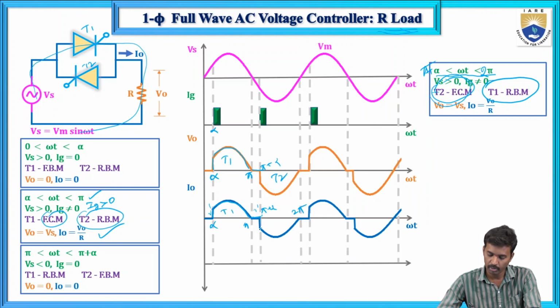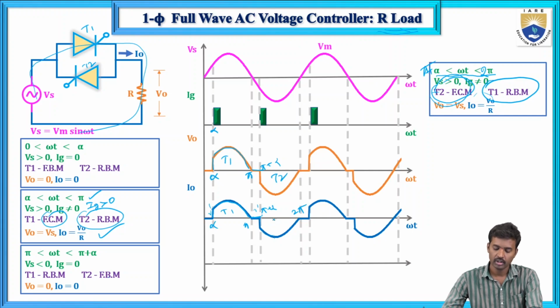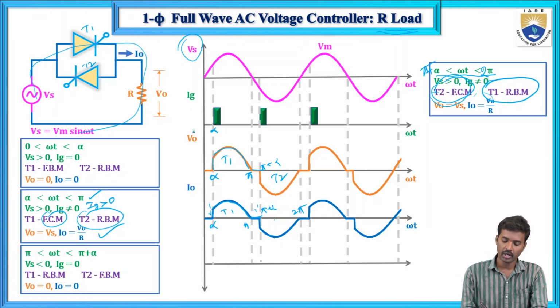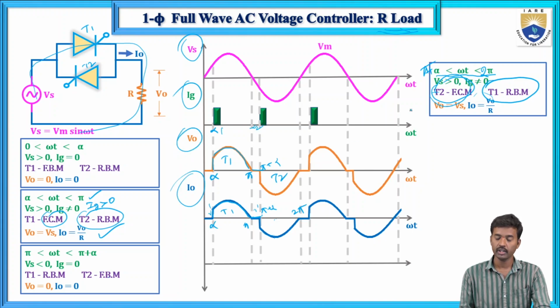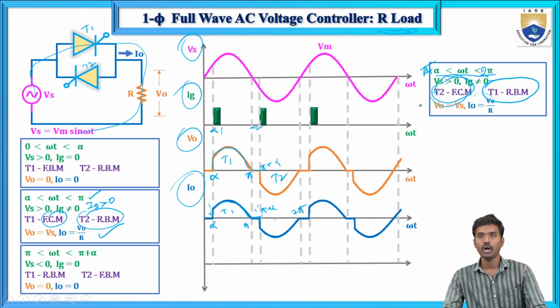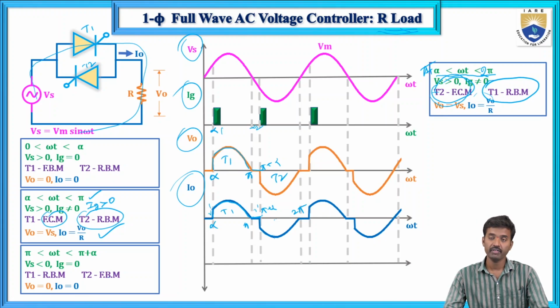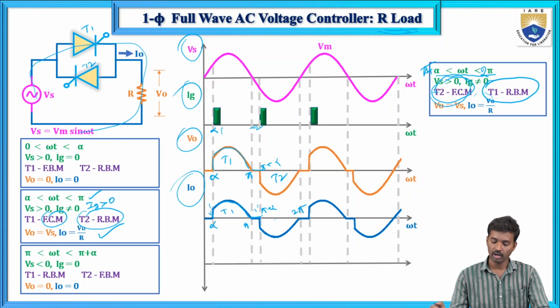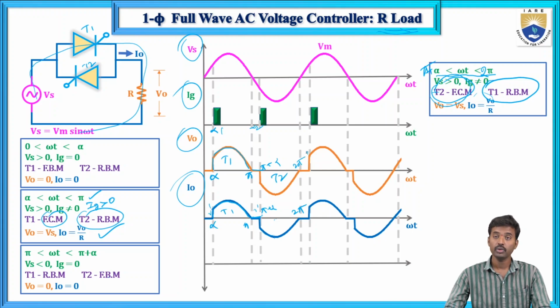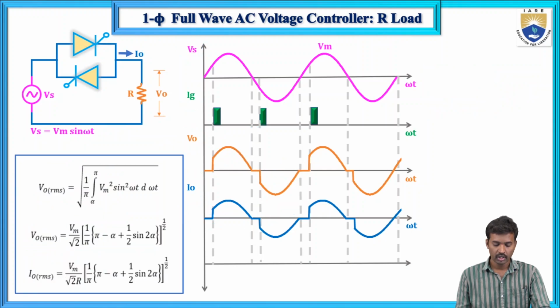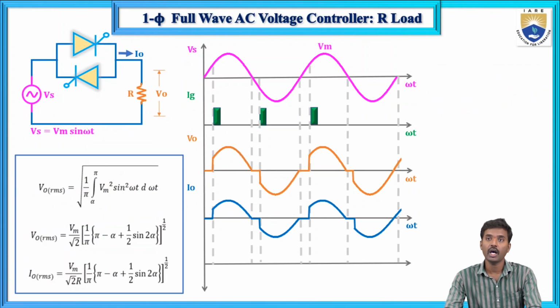This will follow the supply voltage and I naught equals V naught by R. So this is the input voltage, with alpha 1 and alpha 2, and next the output voltage and output current. From 0 to pi duration T1 will conduct, and next from pi plus alpha to 2 pi duration T2 thyristor will conduct.